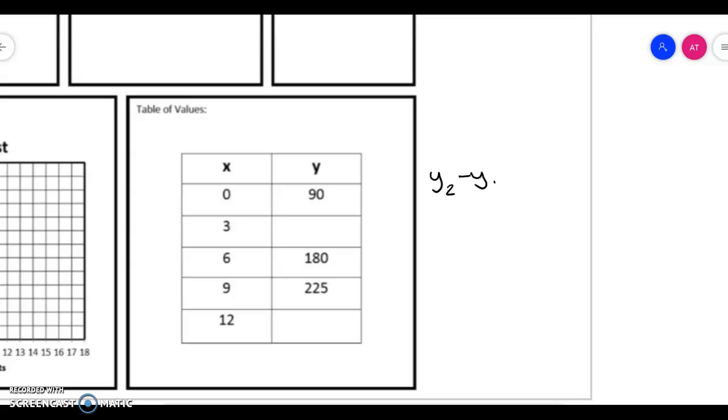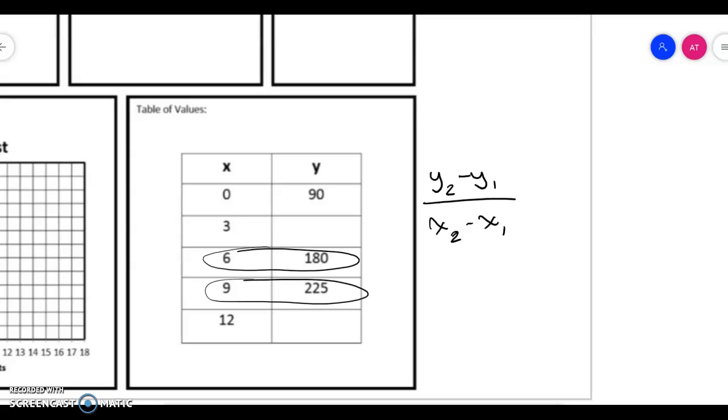We can take 2 points and subtract them from each other and figure it out. Remember y2 minus y1 over x2 minus x1? So I'm going to choose this as my first set of points, and this as my second set of points, x2, y2 and x1, y1.